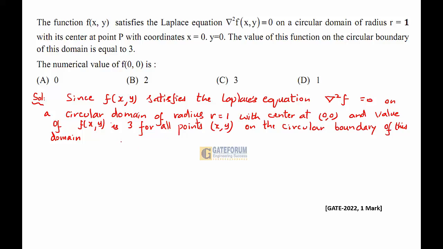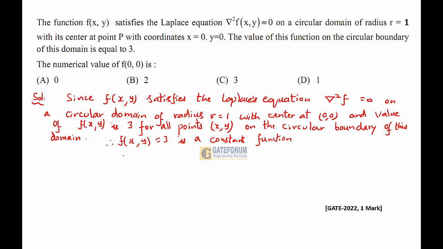Okay, so f of x comma y is equal to 3 is a constant function. You know that constant function means for every point the function value is 3 only. That is, all the points are mapped to a number 3 only.